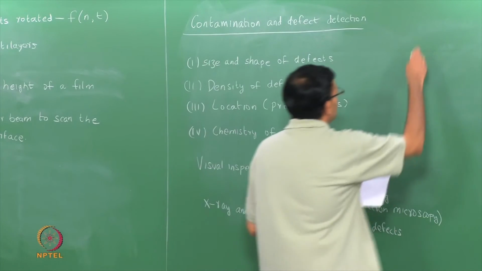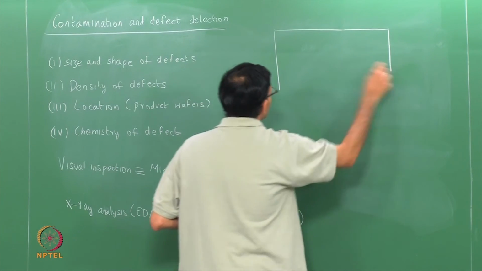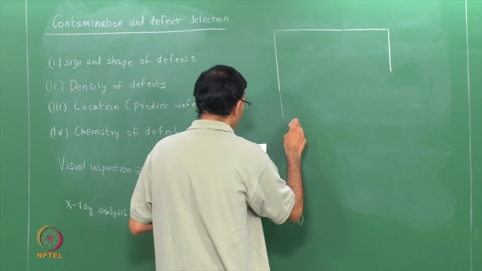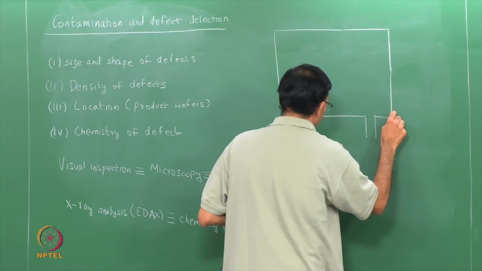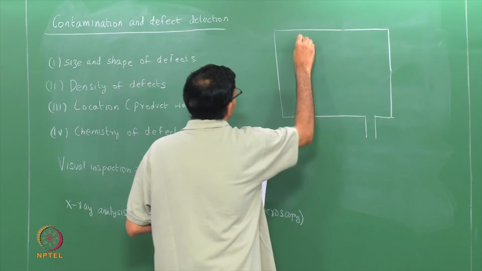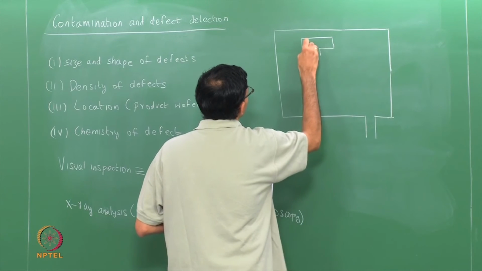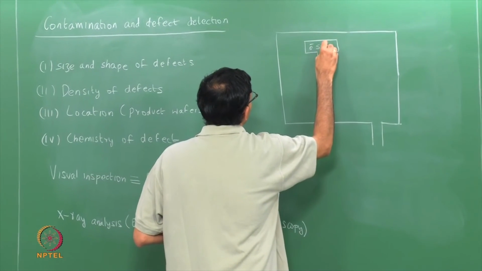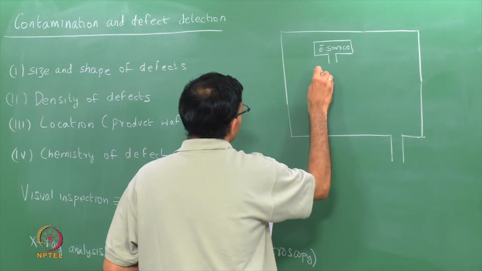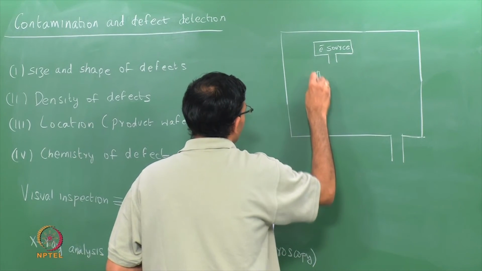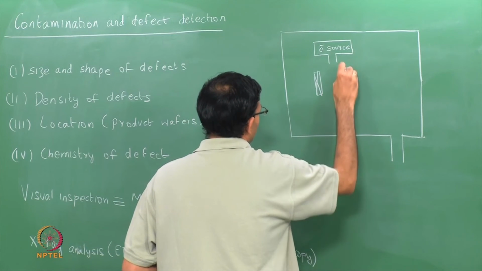So, a typical SEM arrangement consists of an electron source. There are usually lenses in order to focus the beam and scan it on the surface.